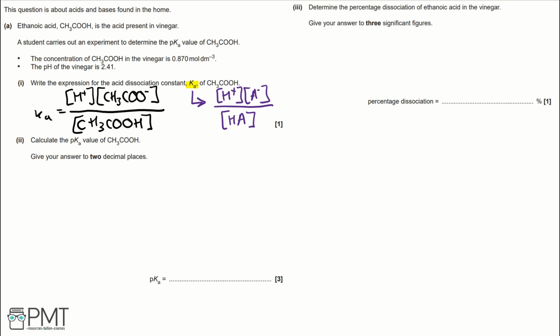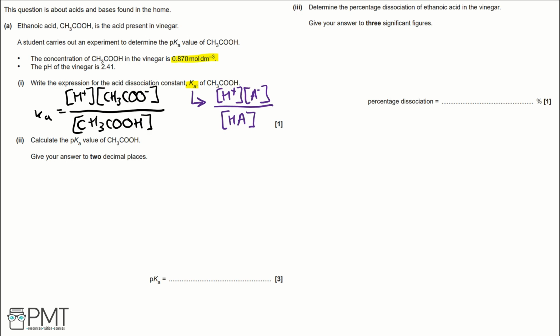Part 2. Calculate the pKa value of ethanoic acid. Give your answer to 2 decimal places. First, let's highlight key pieces of information in the question. We've got the concentration of ethanoic acid, which we can plug into the expression for Ka.